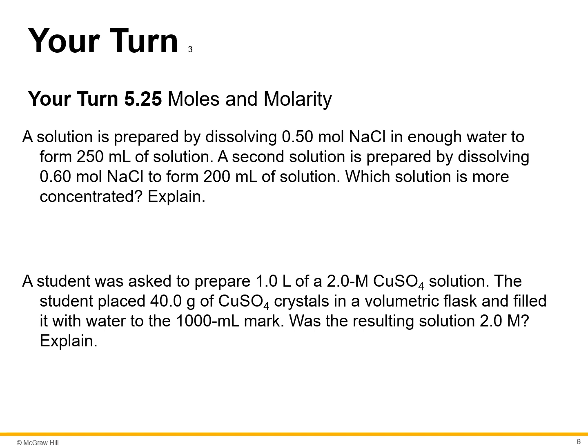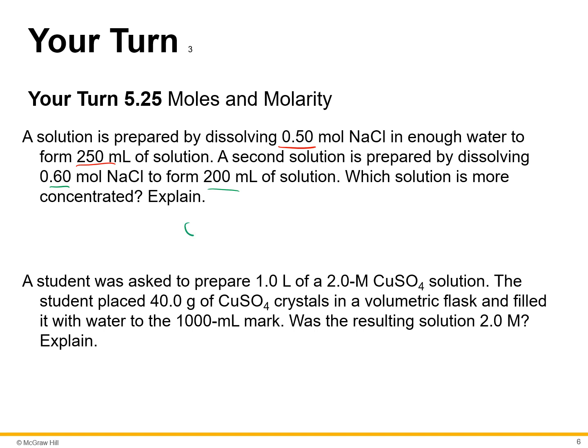Some exercises to try. You can pause the video if you want. We'll go through it now. The question is asking us, which solution is more concentrated? This one, 0.05 moles of 250 milliliters of solution, NaCl, or a second solution, we'll do it in green here, of 0.6 moles over 200 milliliters.